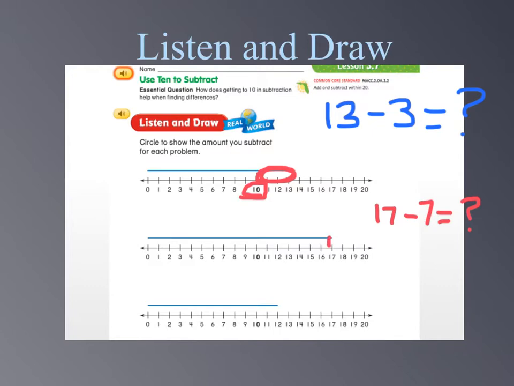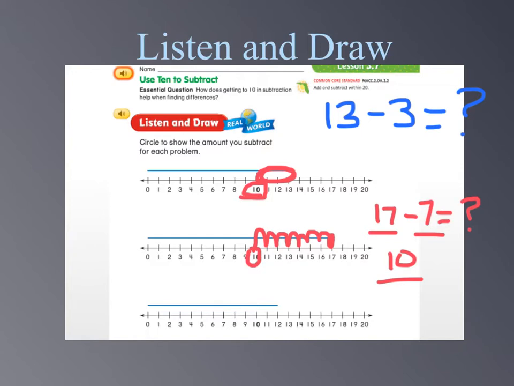We're going to start at 17, and we're going to go back 7: 1, 2, 3, 4, 5, 6, 7. And we land on number 10. So we know that she has 10 crayons left, or 17 minus 7 equals 10.